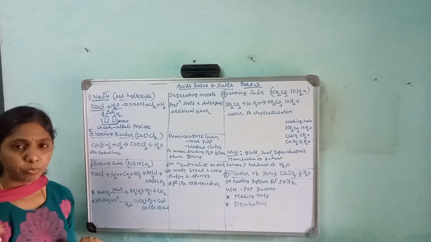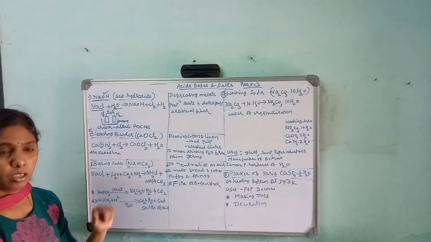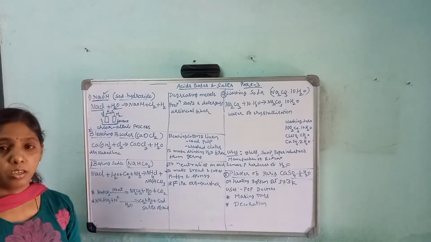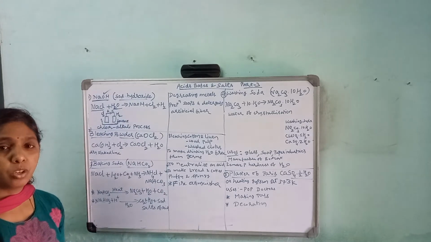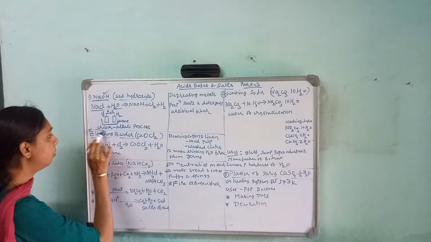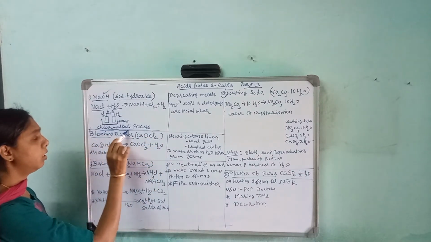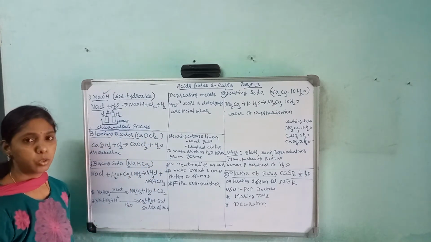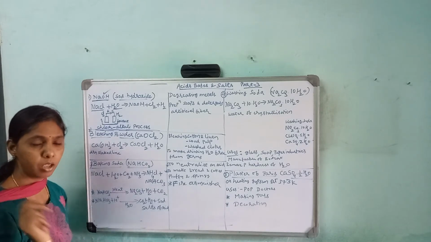Here there are 3 products we get in the chloroalkali process. The preparation of sodium hydroxide is also called the chloroalkali process. The procedure of the chloroalkali process is very important; they may ask it. In this process, 2 raw materials are taken: sodium chloride and water.